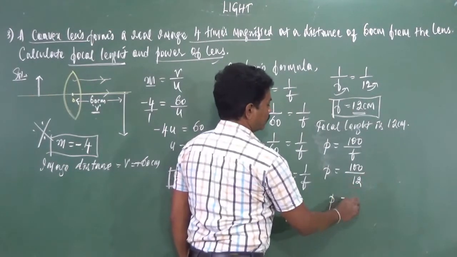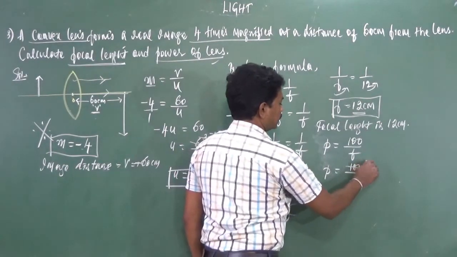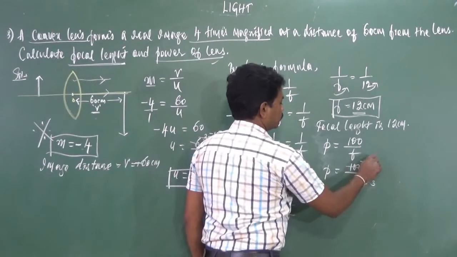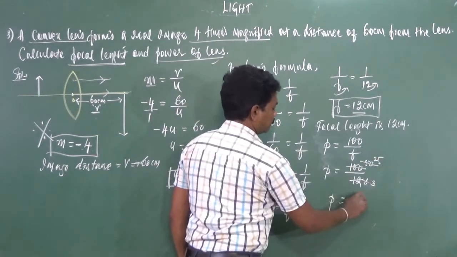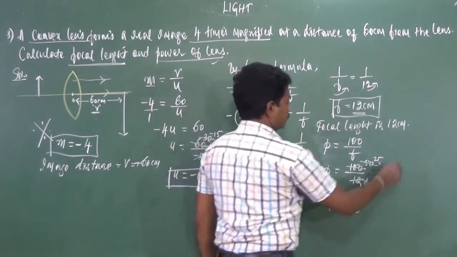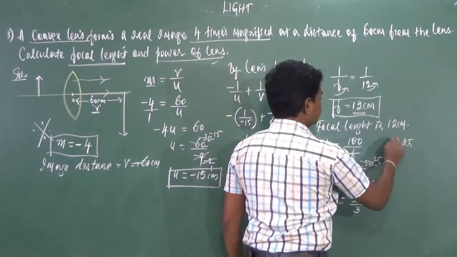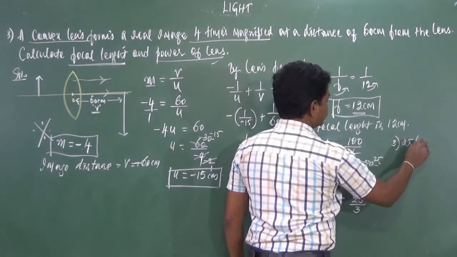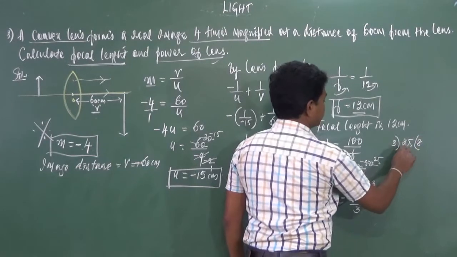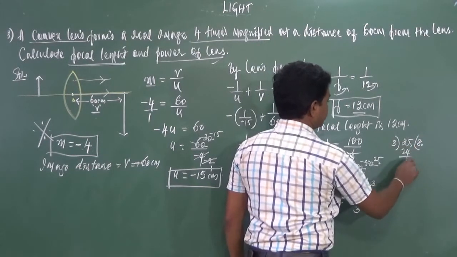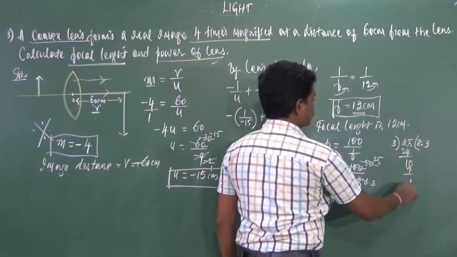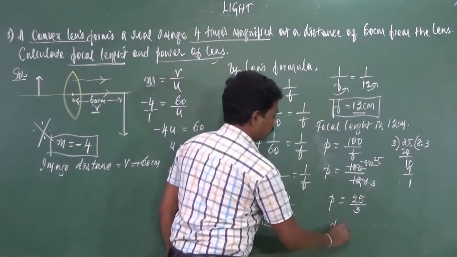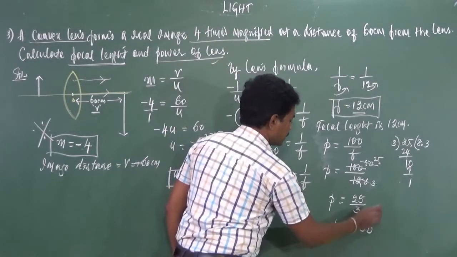So P is equal to 25 by 3. When you divide 25 by 3, 3 8s are 24, 1 remains, so P is equal to 8.3 diopters.